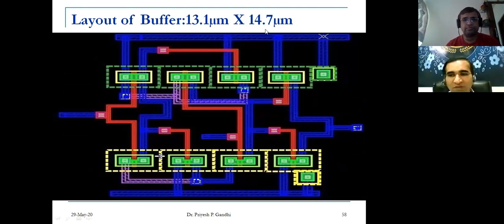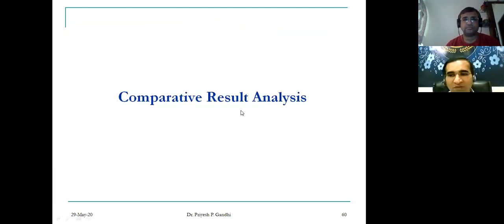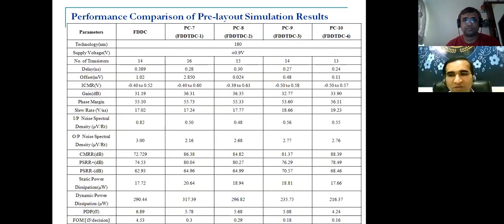So what is the outcome of this? This is actually the pre-layout simulation. In electronics, whenever we are dealing with chips, we carry out two kinds of simulation: the pre-layout simulation and the post-layout simulation. In papers you will find that they concentrate on only a few parameters.